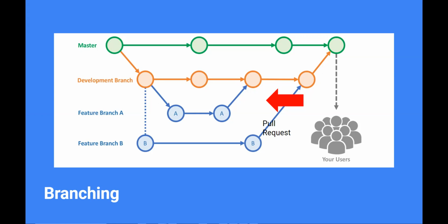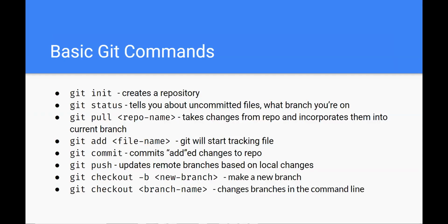All right, so let me proceed into what essentially Git is. There are two components: there is GitHub, and then there's Git. Git is a tool that you can use to interact with GitHub.